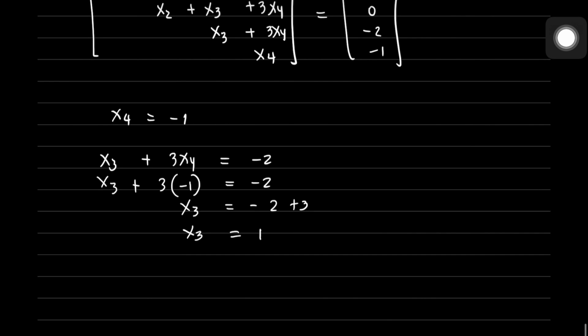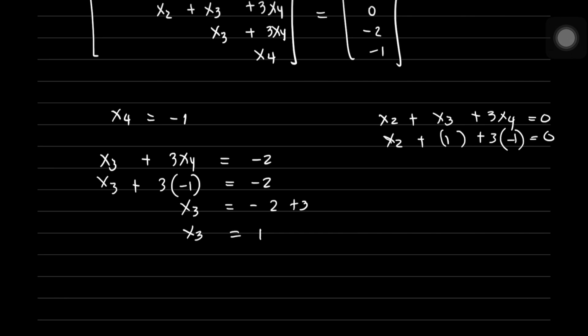So we have x2 plus x3 plus 3x4 equal to 0. So x2 plus 1 plus 3 times negative 1 equal to 0. Therefore, x2 is equal to 1 plus negative 3, so that's equal to negative 2. And then transposing it to the right side, we have positive 2.